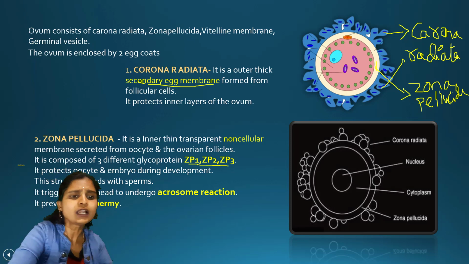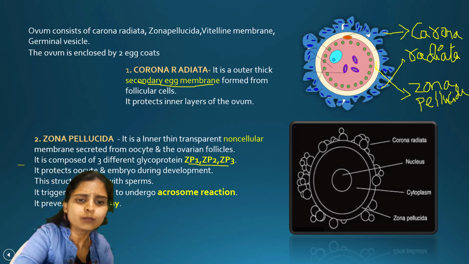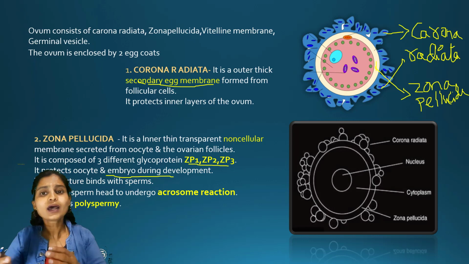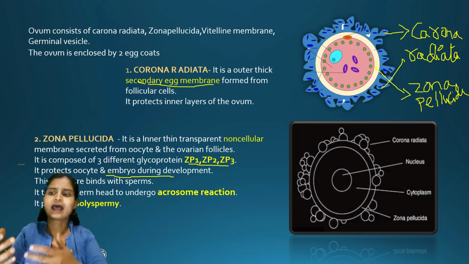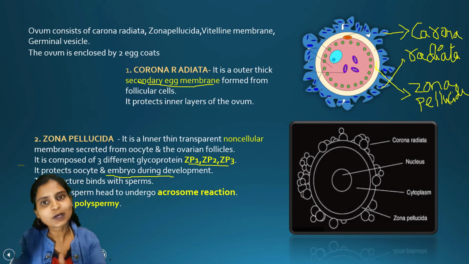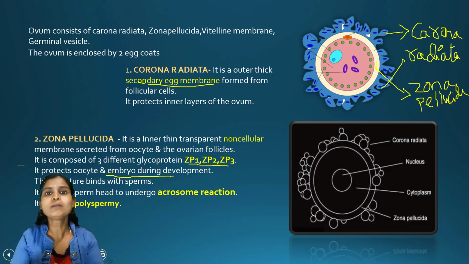This layer plays a very important role. During fertilization, the sperm comes near the ovum and the head part of the sperm enters into the ovum.